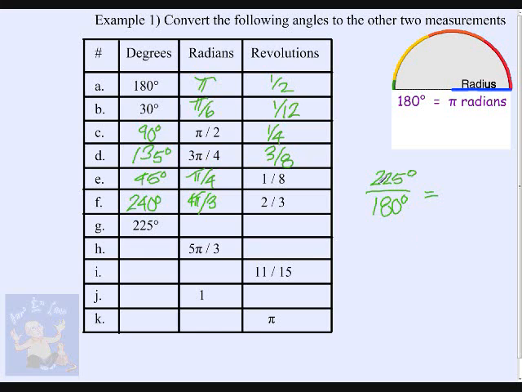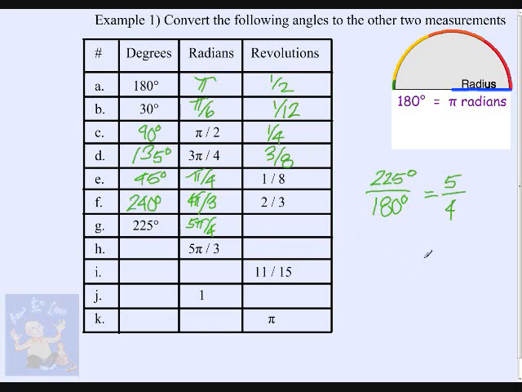Is that going to work? 45 will go into this 4 times, correct? And 45 will go into this 5 times. So the ratio that we have between 225 and 180 degrees is 5/4. So it would be 5 pi over 4. Does that make sense? Sure it does. We knew that 4 pi over 4 would take us right to here, and we had to go further to get beyond 180 degrees.